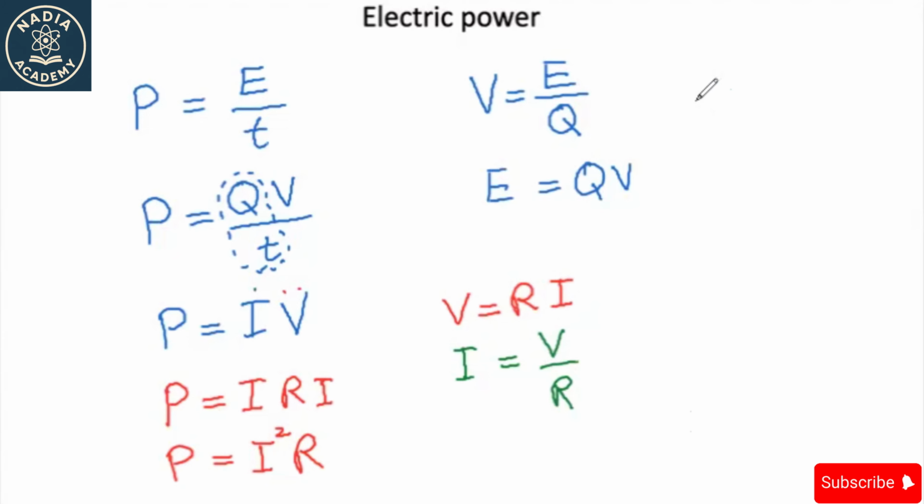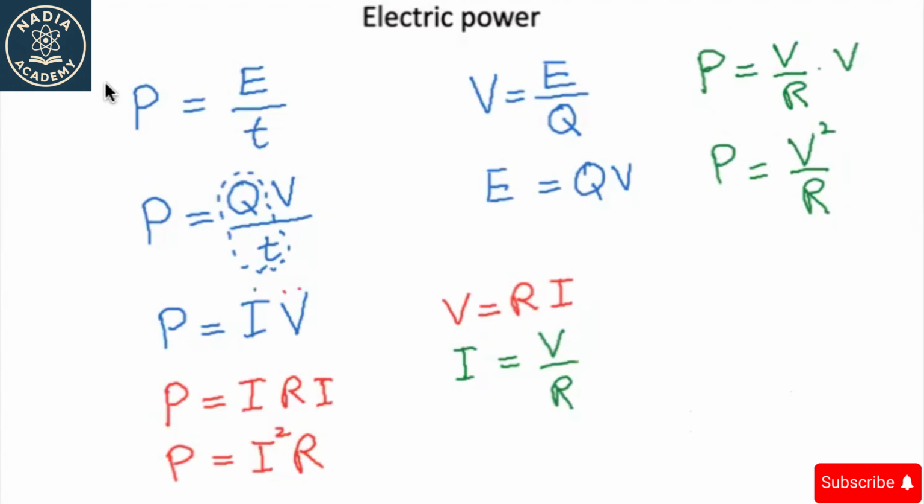So the power is equal to voltage divided by the resistance times the potential difference, voltage again. So potential difference times potential difference, V squared divided by R, is the power. Here we understand the concept of power.